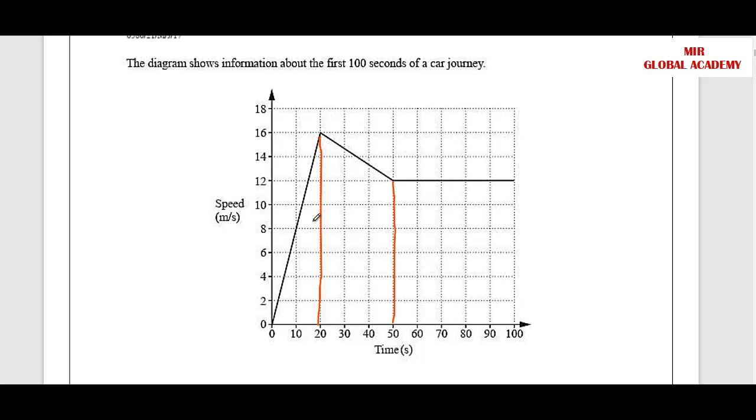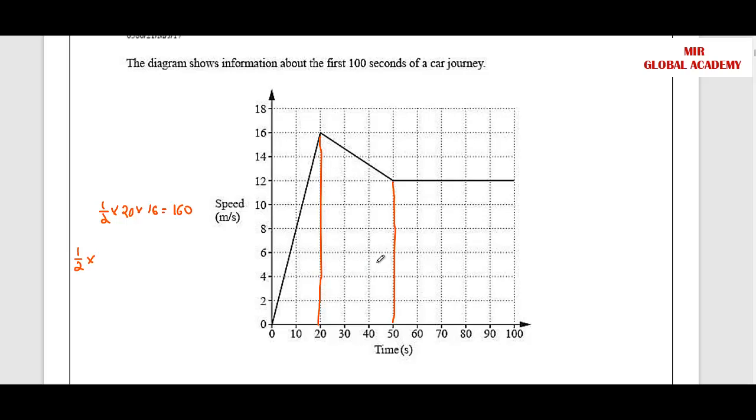So to find the area of this graph, I have divided the graph into 3 parts. The first part is a triangle, and the formula for its area is half base into height, and its height is 16 and the base is 20. So the area of the triangle is 160, and this is a trapezium, and the area of a trapezium is half into height.